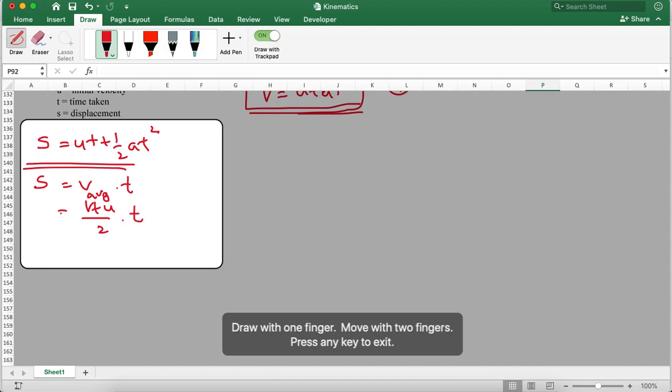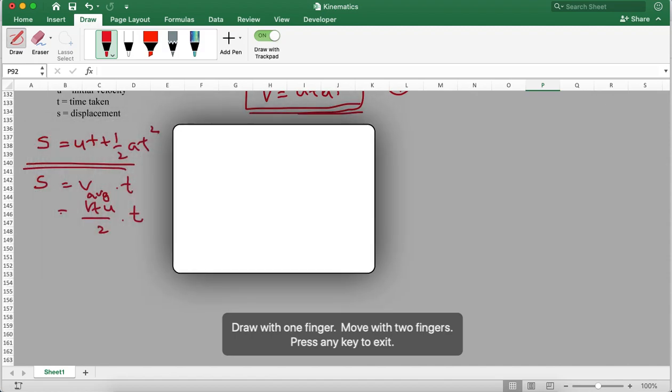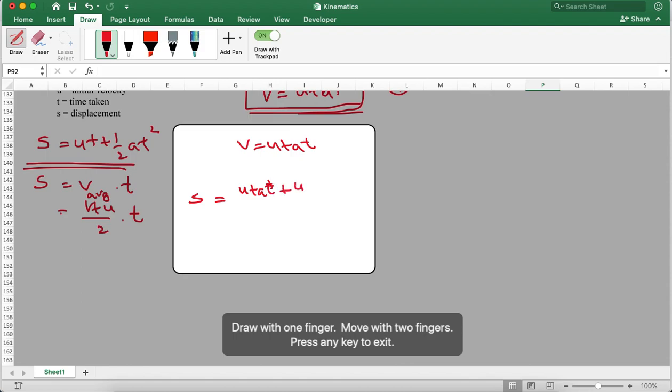And from our previous relation, what is v? v is equal to u plus at. You just substitute this v is equal to u plus at in the s relation. So s is equal to, in the place of v you need to write u plus at, so (u plus at plus u) divided by 2, into t.